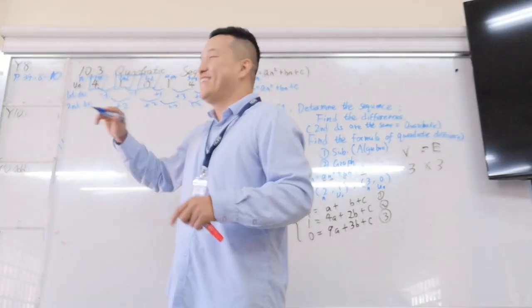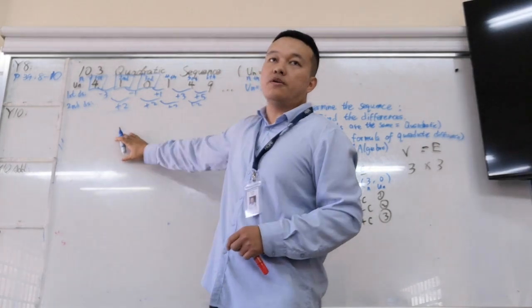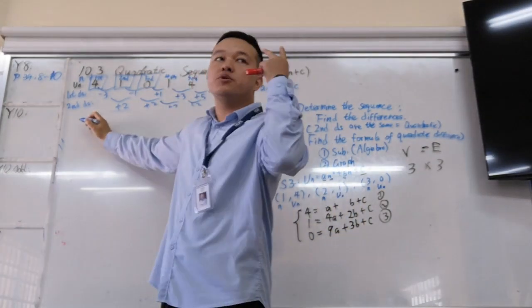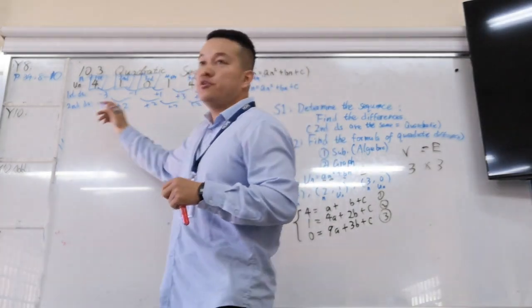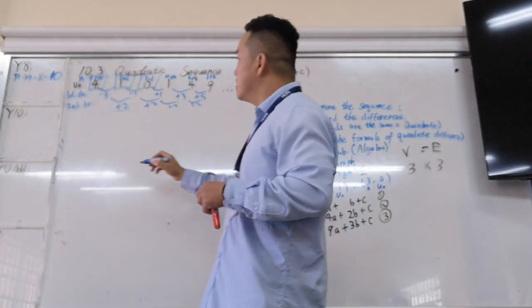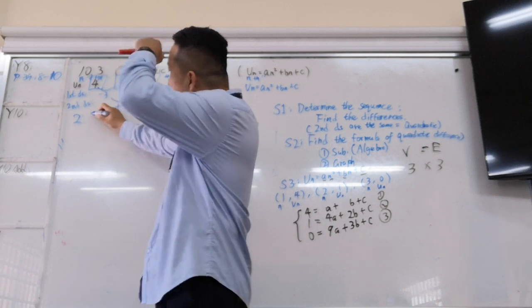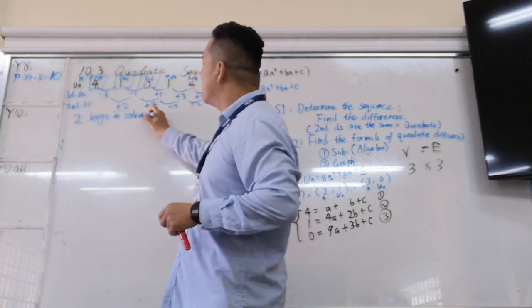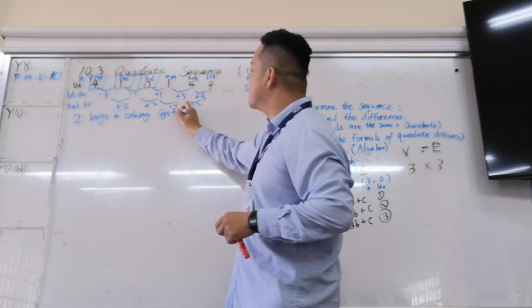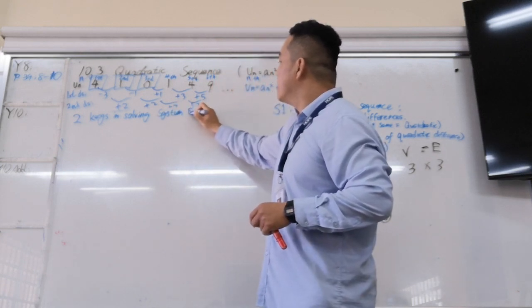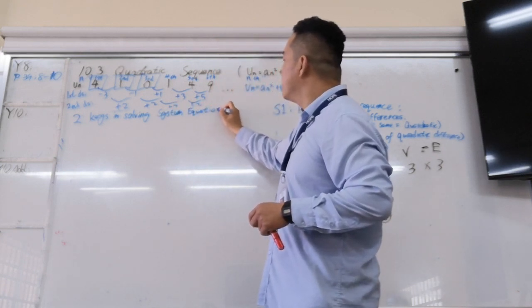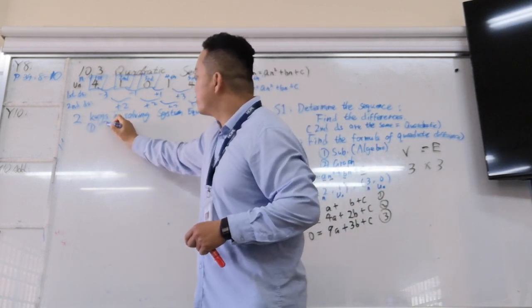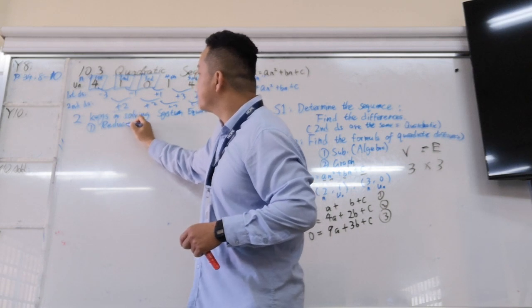Remember two concepts when you solve a system of equations. Two keys in solving system equations. Number one, you want to reduce the variables.